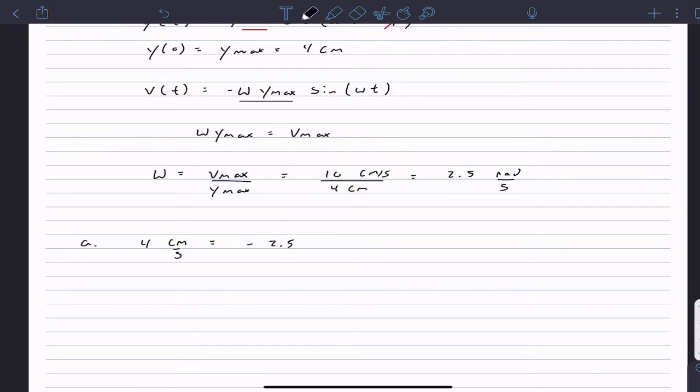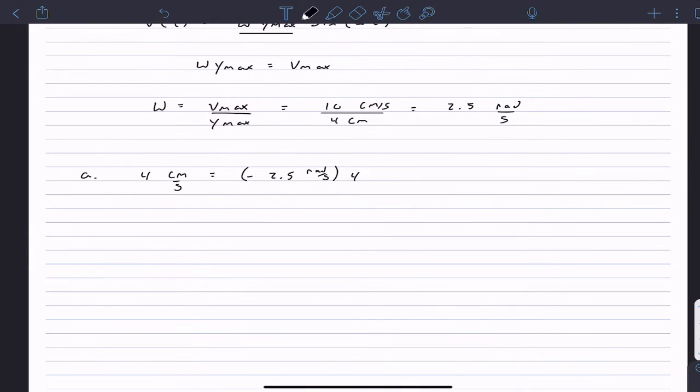Negative 2.5 radians per second times 4 centimeters times cosine of 2.5 times t. That's radians per second times seconds. The only thing we don't know in this equation is t, so we just have to solve for t.